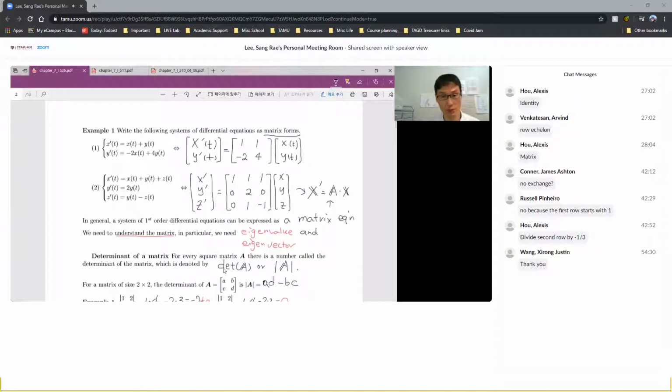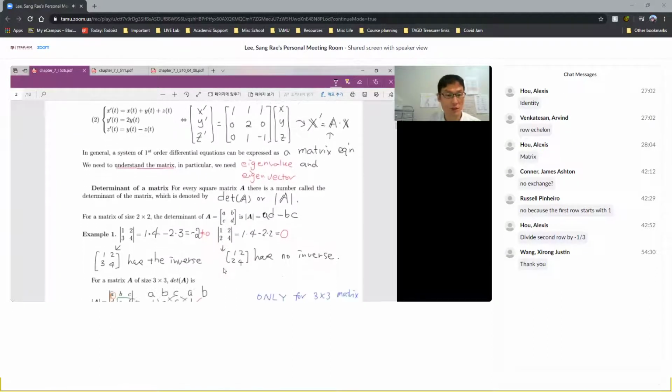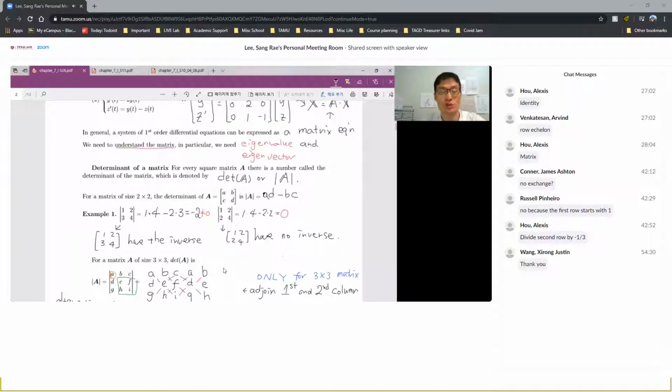So in particular, we need eigenvalues and eigenvectors. In part 2, sometime next week, we will discuss a beautiful theory to see how to use eigenvalues and eigenvectors to solve the system of differential equations. So first, we want to study how to find an eigenvalue and an eigenvector.